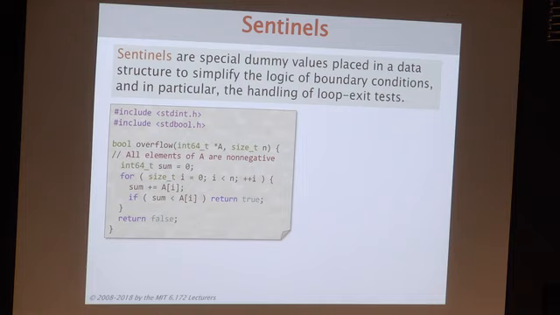And here I've specified that all of the elements of A are non-negative. So in every iteration, I'm going to increment sum by A of i. And then I'll check if the resulting sum is less than A of i. Does anyone see why this will detect if I had an overflow?